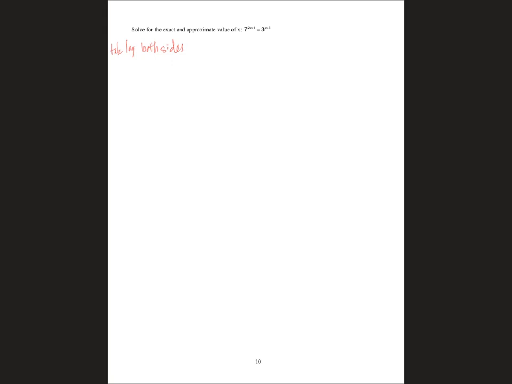So while I have 7 to the 2x plus 1 equals 3 to the x plus 3, I'm going to take the common log of each side. Now, using my property of exponents, in particular using the power rule, I can now move these exponents in front of the logarithmic expression.